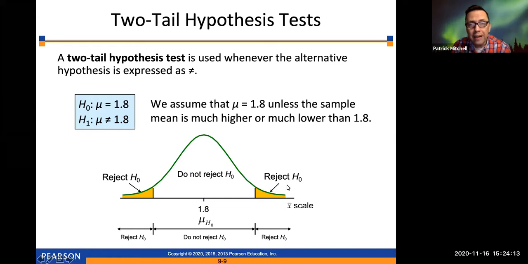We will collect a sample of a certain number of customers and find the mean for that sample. If that sample mean falls in this region or in this region, then we will conclude that the mean is no longer 1.8.